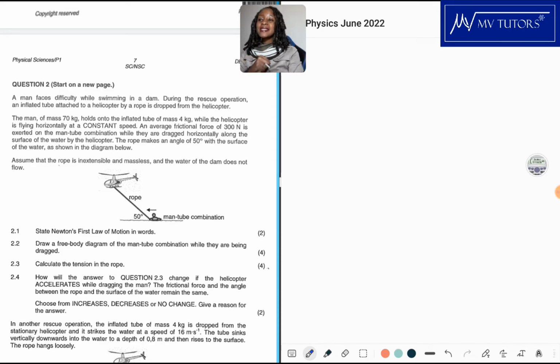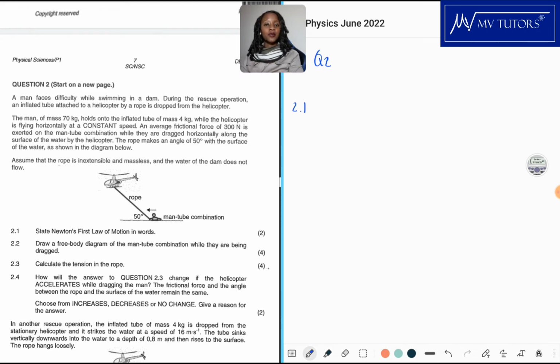So 2.1, state Newton's first law of motion in words. I'm going to state it, and you're going to write it down. So question 2, in particular 2.1. Basically, Newton's first law is the law of inertia. The law says a certain body will remain at rest or be stationary, or move at a constant speed, unless an external force acts on it.